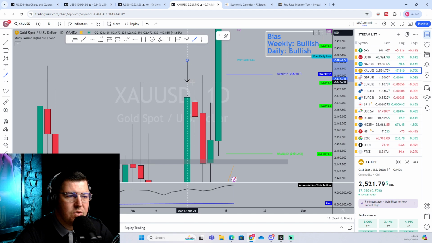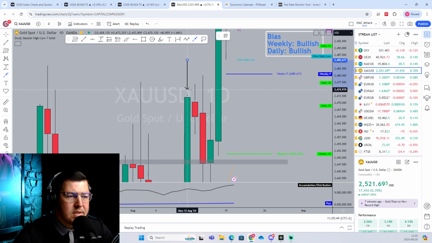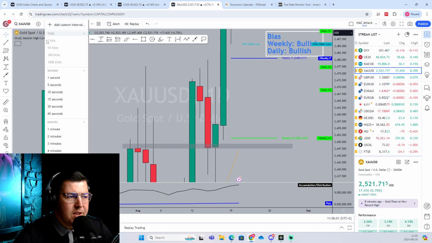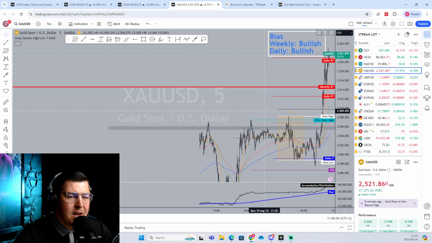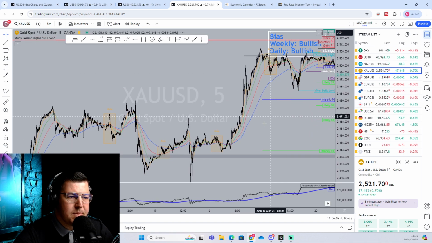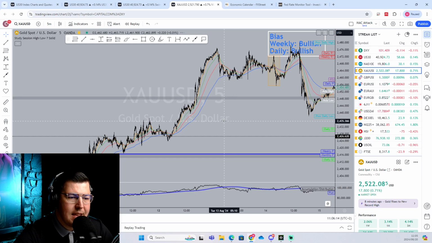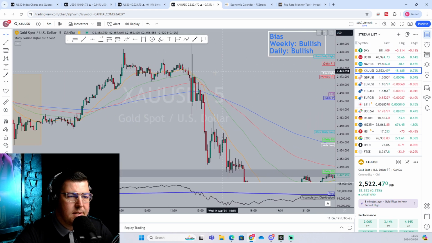I want at least 2 daily candle closures before a resistance is confirmed. So Monday showed us already that we are looking to be bullish. The weekly was showing us to be bullish, and we executed on a bullish trade idea. On this day, we got the push, but we didn't get the push that we expected. Price only, I think, went up 100 pips and then reversed, but still we had the direction right on the day. This was the CPI release right here.